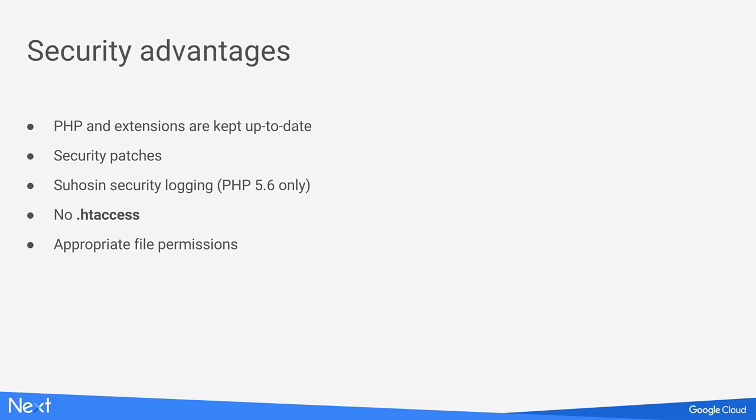We also have, for PHP 5.6 only, unfortunately, because it's not stable for 7.0 and above, the Suhosin security extension. And this is a really, really good security extension. Currently, what it does for 5.6 is it logs potentially unsafe functions that you might call, like exec and passthru and things like that, and they'll show up in Cloud Logger, so you can audit your own application code to see how safe it is.